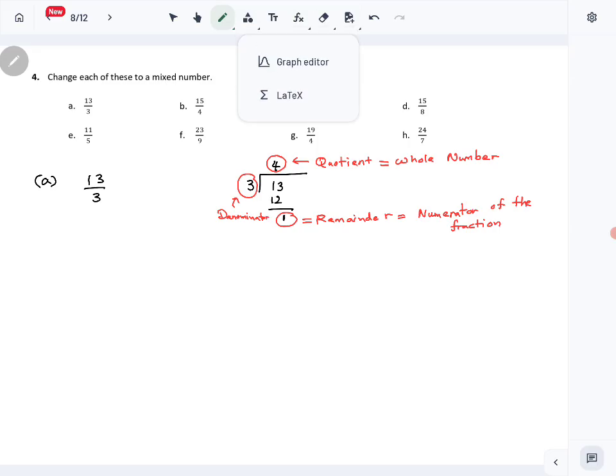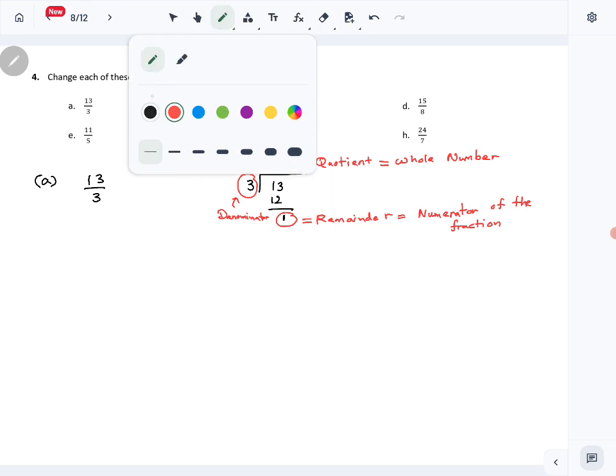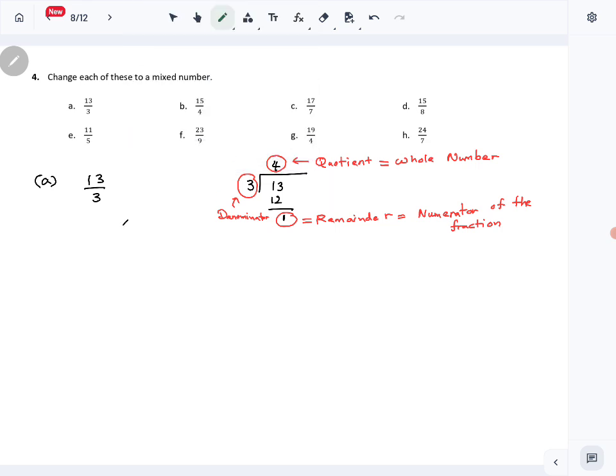So now we can write this. 13 over 3 can be written as what? The whole number part is 4. The numerator is 1, the remainder, over the same original denominator. So 13 over 3 is the same as 4 and 1/3.